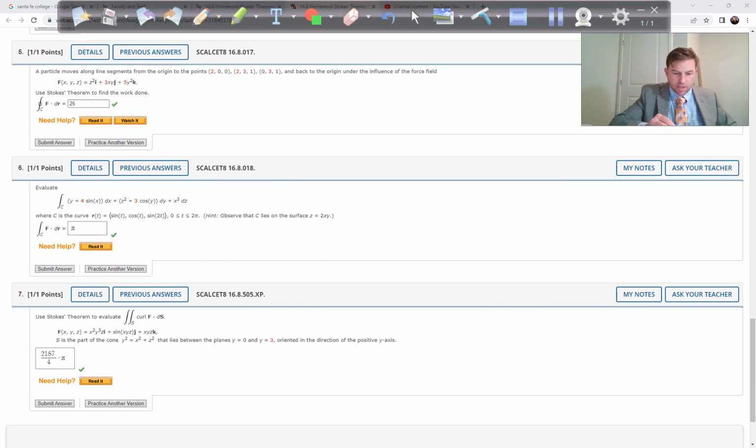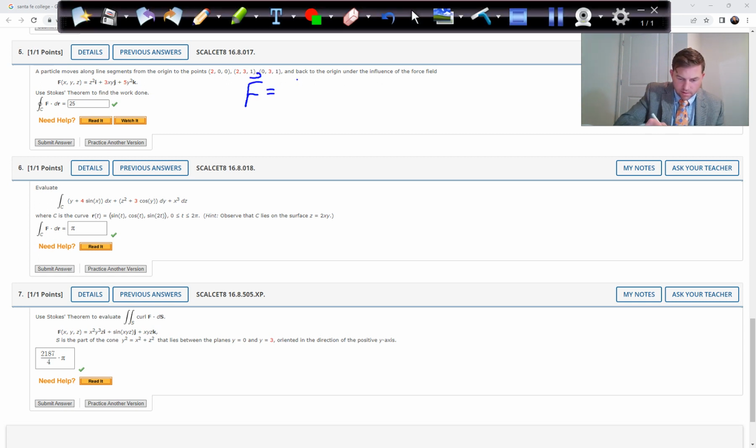Okay, for problem 7, we are given a field. The field is x squared y cubed z, and sine of x, y, z, and the third term is just x, y, z.